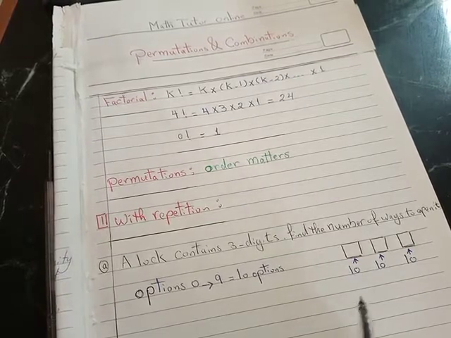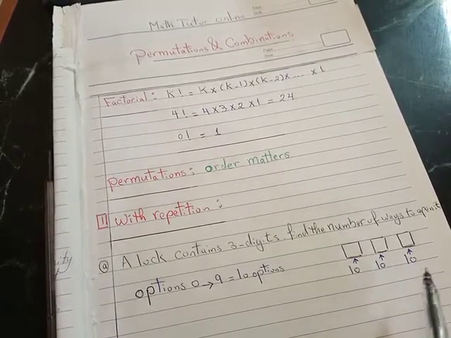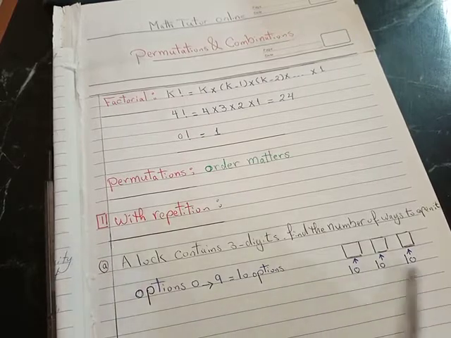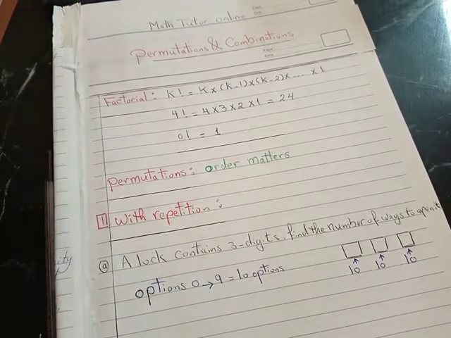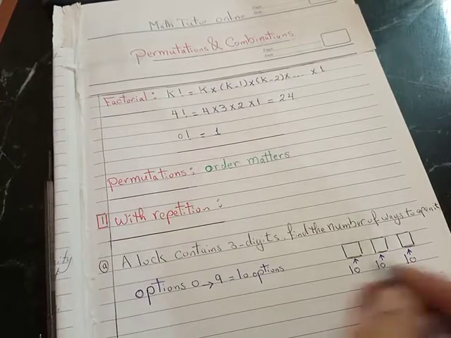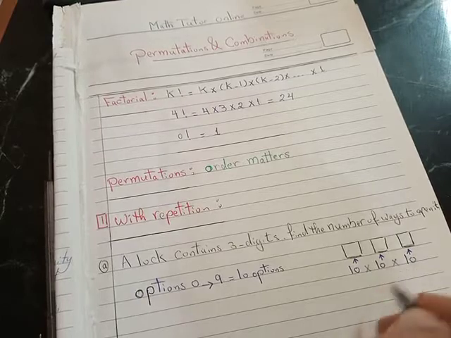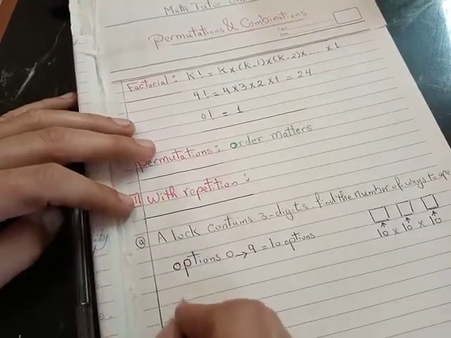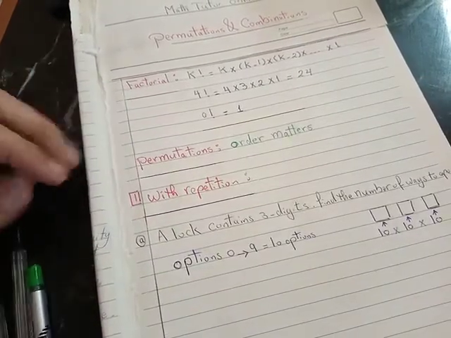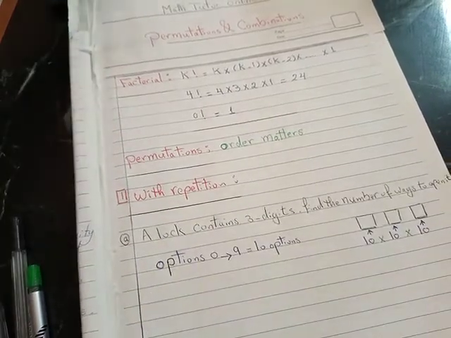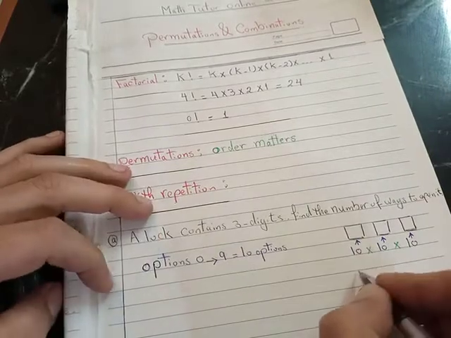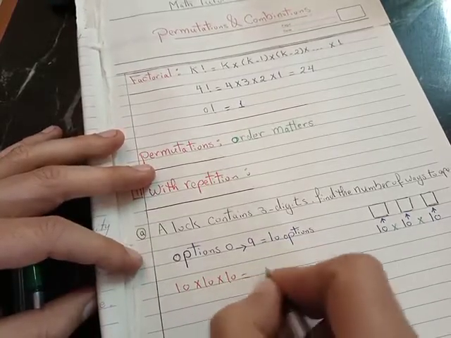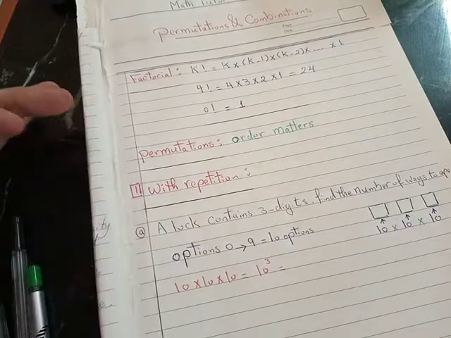So to find the number of possible ways to open that locker, we have to multiply these numbers: 10 times 10 times 10, which equals 10 to the power of 3, which equals 1000.